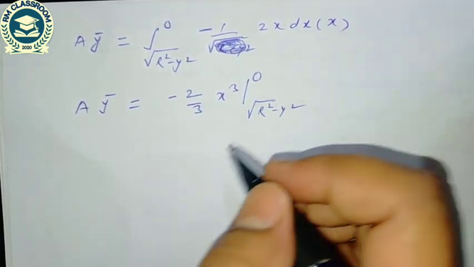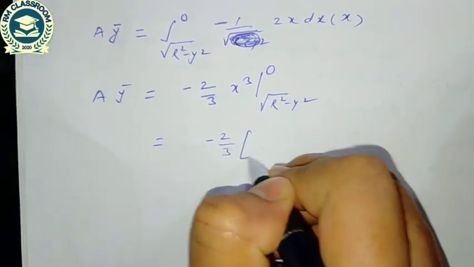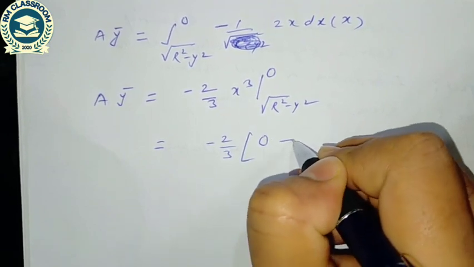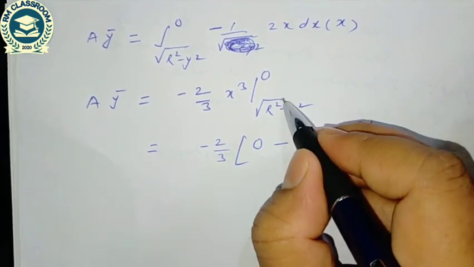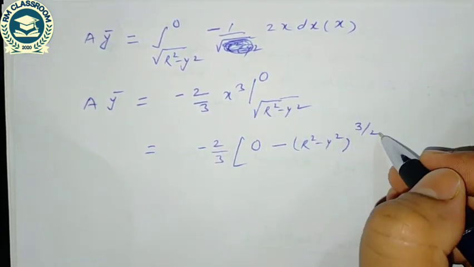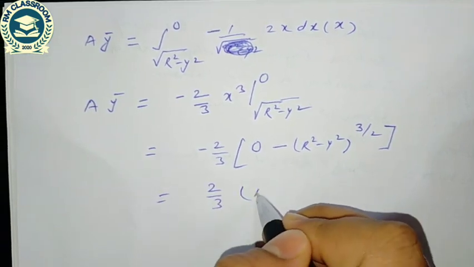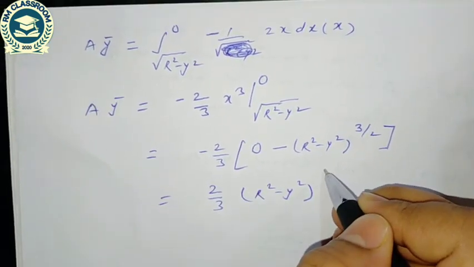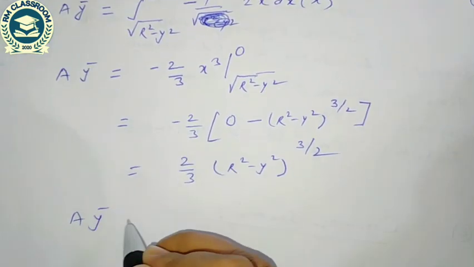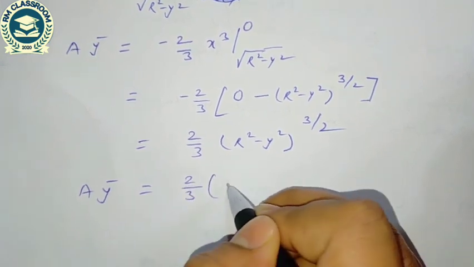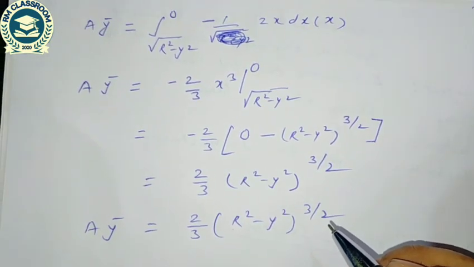So A y bar is minus 2 by 3 into 0 minus r square minus y square to the power 3 by 2. So it is coming 2 by 3 of r square minus y square to the power 3 by 2. So A y bar is 2 by 3 into r square minus y square to the power 3 by 2.